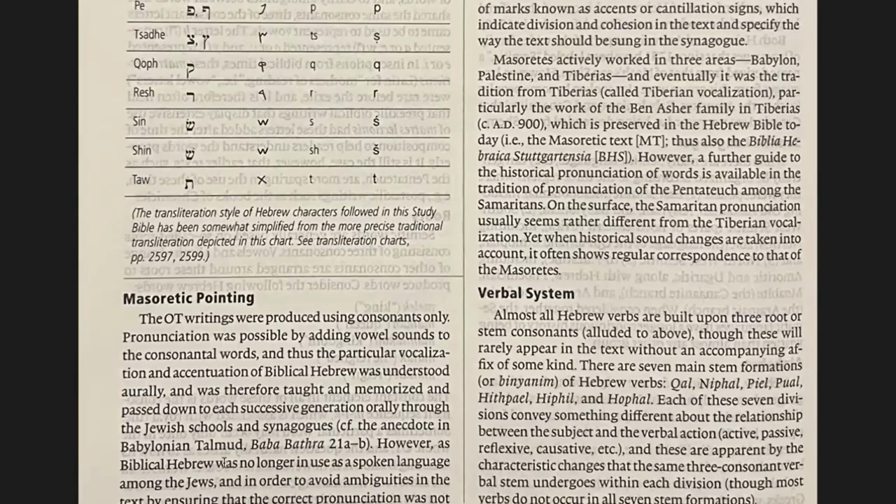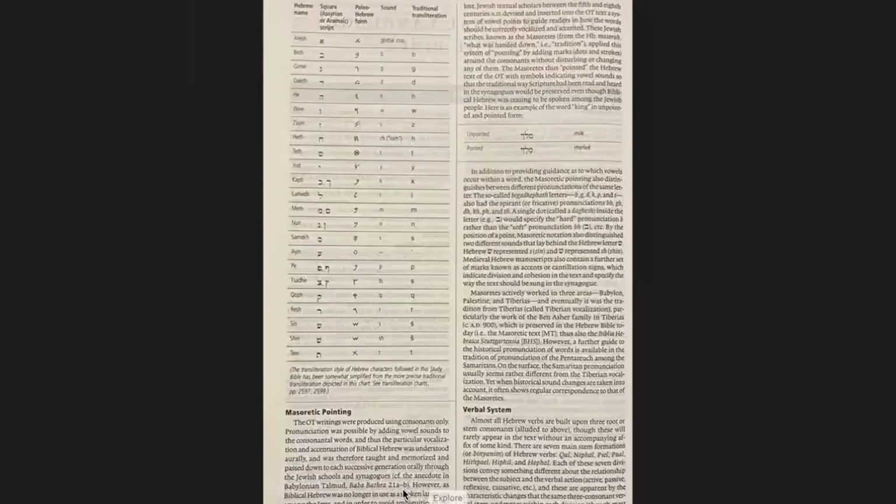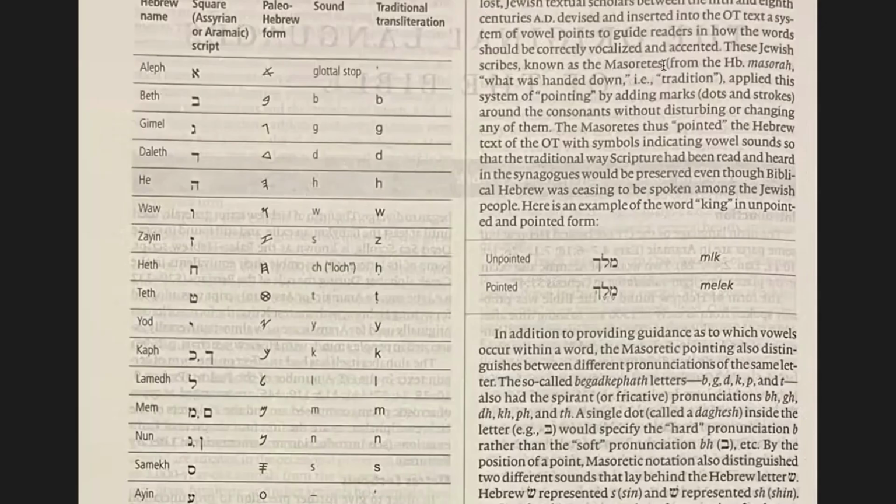However, as biblical Hebrew was no longer in use as a spoken language among the Jews, and in order to avoid ambiguities in the text by ensuring that the correct pronunciation was not lost, Jewish textual scholars between the 5th and 8th centuries AD devised and inserted into the Old Testament text a system of vowel points to guide readers in how the words should be correctly vocalized and accented.